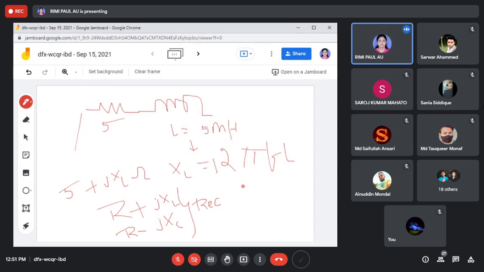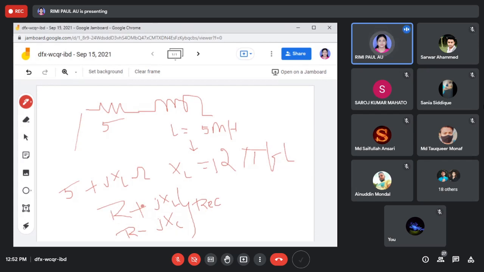Rectangular form. So from this rectangular form in electrical system, we can convert it into exponential form, or we can convert it into polar form. Basically when we do addition and difference between two numbers in rectangular form, we can add easily.